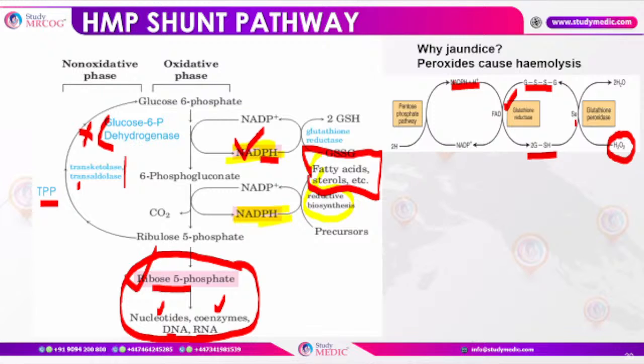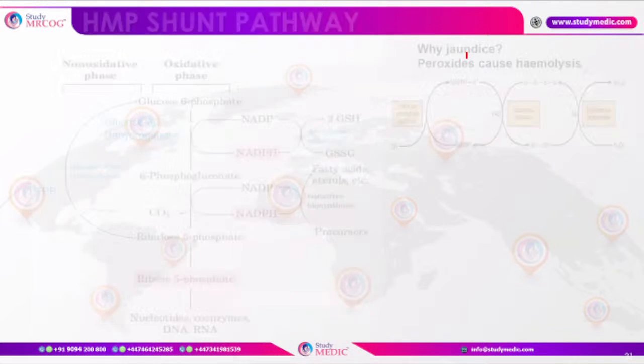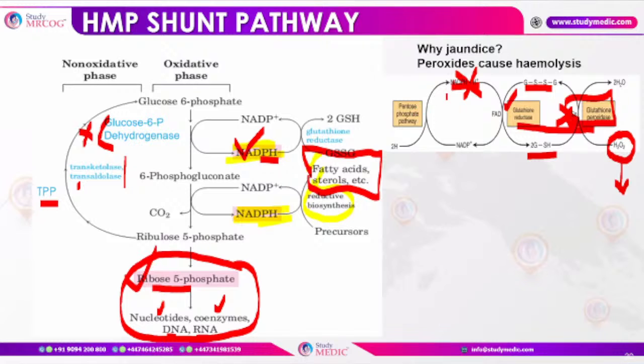The key here is selenium, which is a cofactor for glutathione peroxidase. Glutathione peroxidase will catalyze this vital reaction. So if NADPH is not available, or selenium is not available, or glutathione peroxidase is defective for some reason, then the levels of hydrogen peroxide can go high and cause hemolysis. Why can NADPH be deficient?